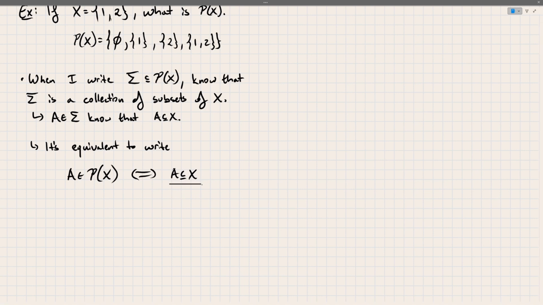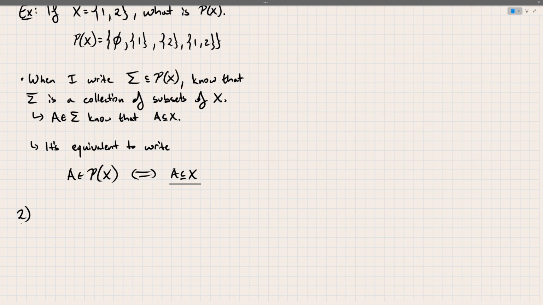But again, I'm just putting this as a review. Maybe you forgot the definition of a power set, or this is so you know the notation I'm going to be using.